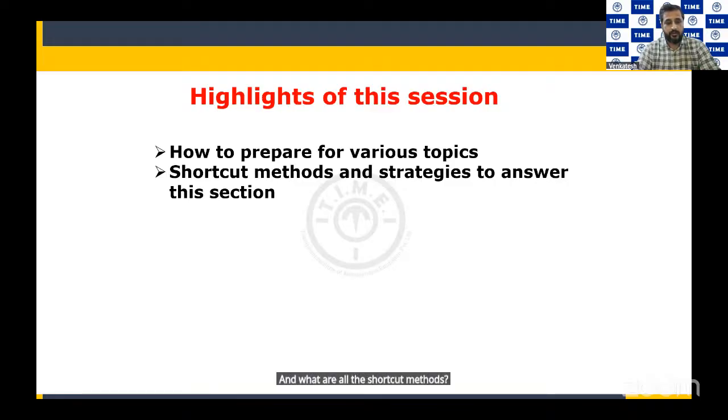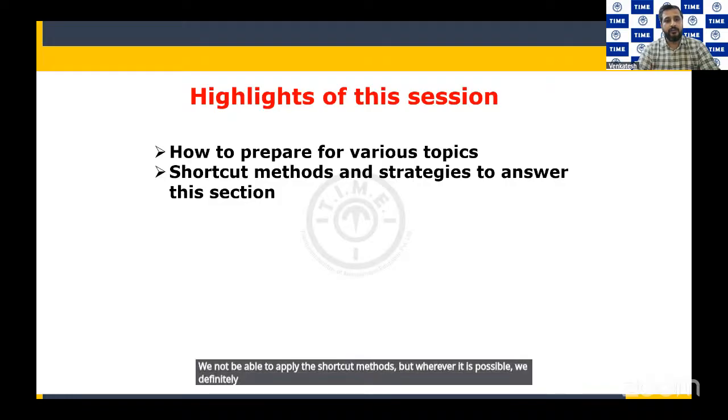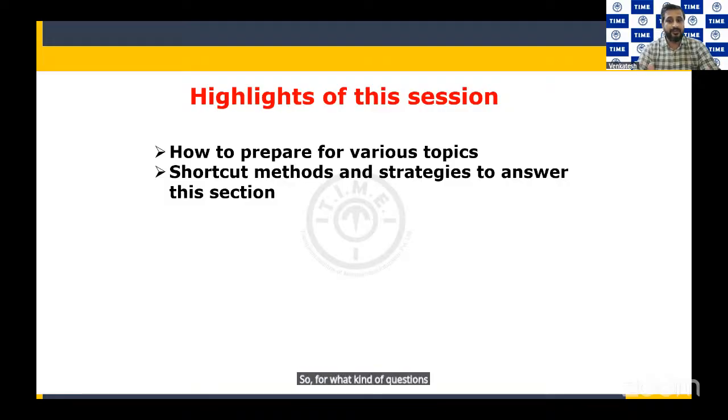Maybe for all the questions we may not be able to apply the shortcut methods, but wherever it is possible we definitely need to apply them. So for what kind of questions there will be shortcuts, all that I am going to tell you, and strategies to answer the question. That is nothing but smart approaches. These two are the main agenda of this session.